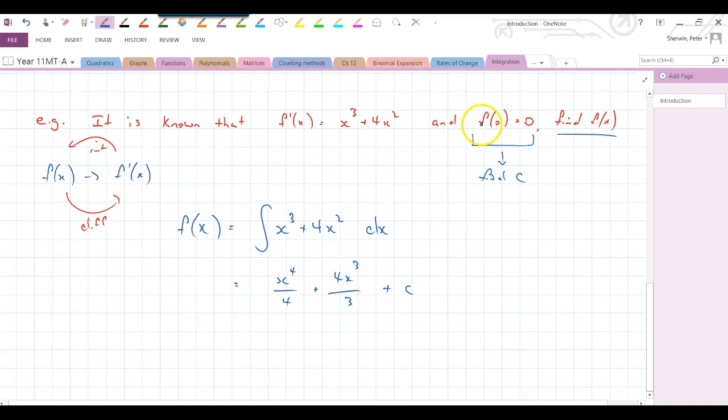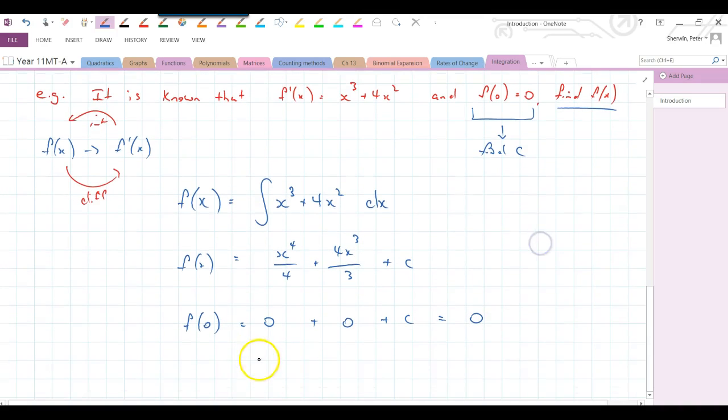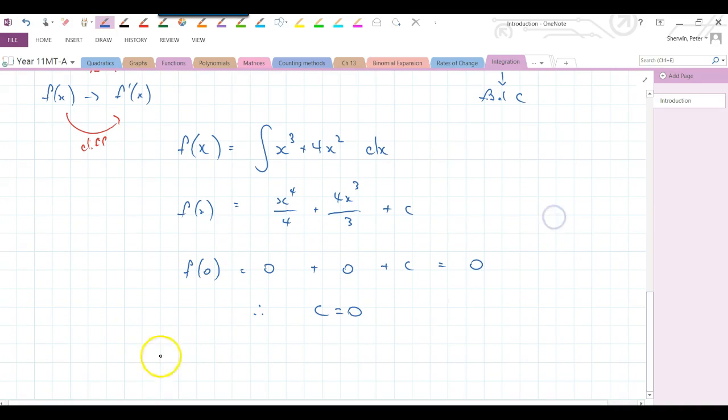What this says is f of naught, remember this is f of x, f of naught equals naught. So f of naught means put naught in for x, and what we'll get has to equal 0. F of naught is naught to the power of 4 over 4 plus and so on. So this is 0 plus 0 plus c. So therefore, from this we can find out that c equals 0. We can now drop that.